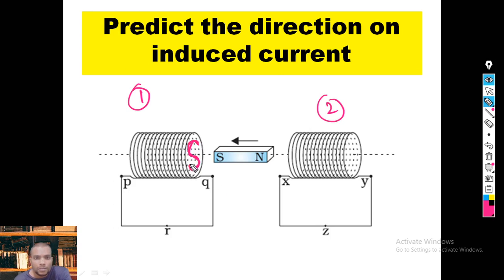So to develop the south pole, here the Q is the last portion of the ring. From the same Q, the current should pass to the last loop. Now what is the direction of current?